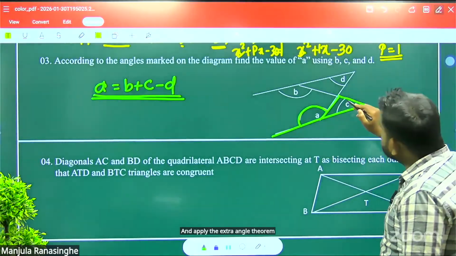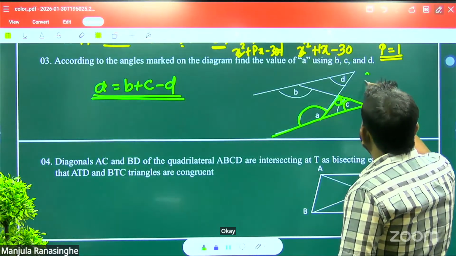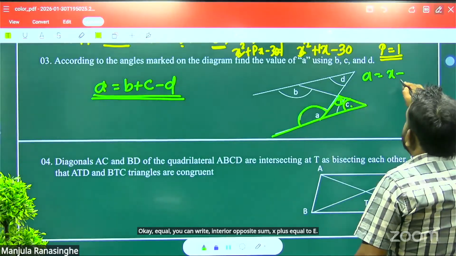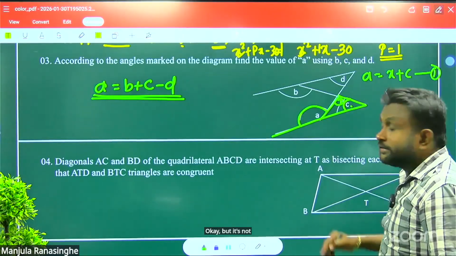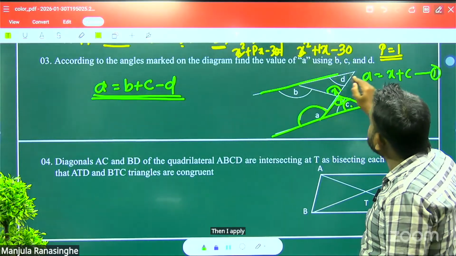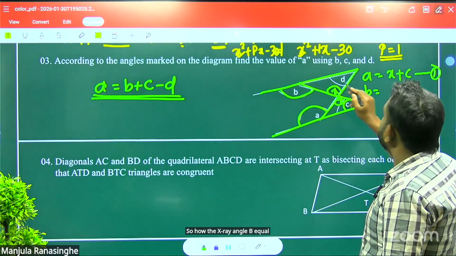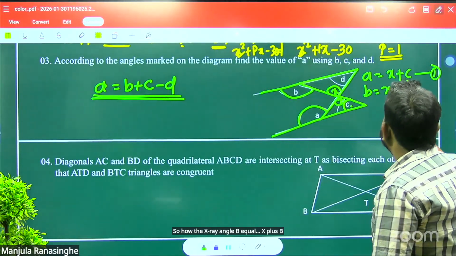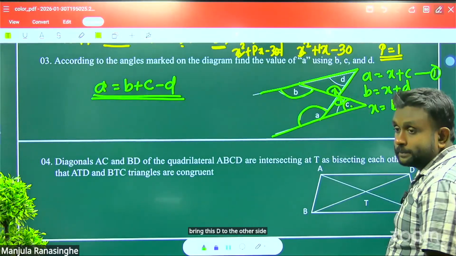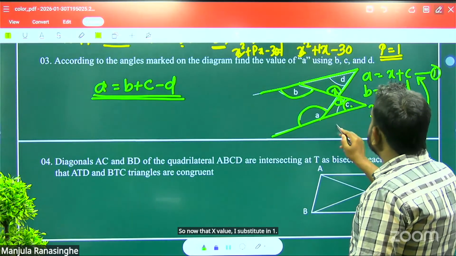A equals C plus the angle I put as X. A equals the interior opposite angles, X plus C, equation 1. But X is not known, so if it is X here, vertically opposite X, I apply the exterior angle theorem to this triangle. The exterior angle B equals X plus D. Bring D to the other side: X equals B minus D. Now I substitute that X value in 1.